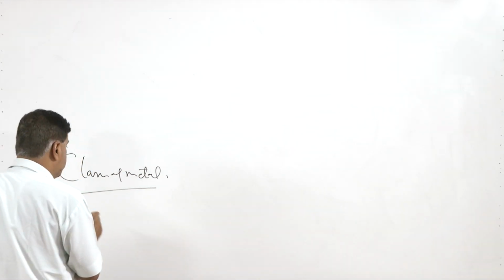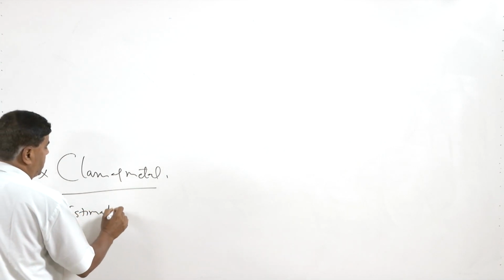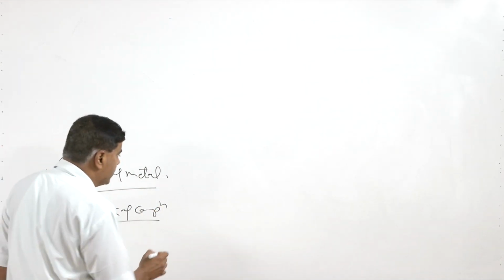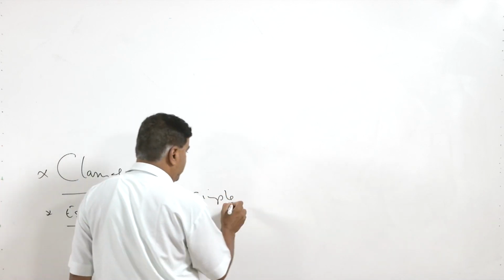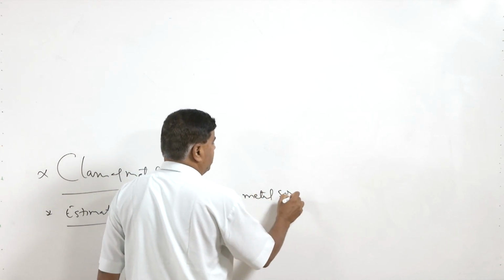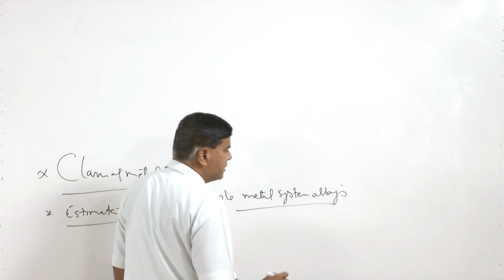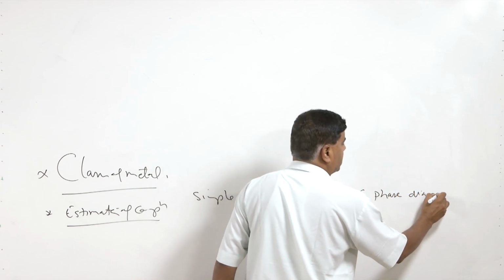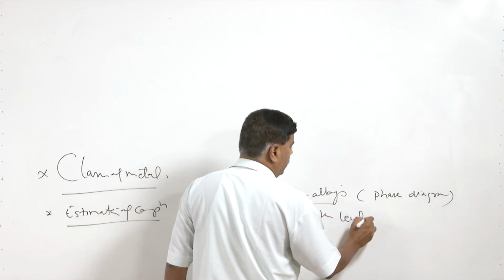Then another one is the estimation of the chemical composition. For simple metal systems and alloys, the composition can be estimated using the respective phase diagrams with the help of the lever rule.